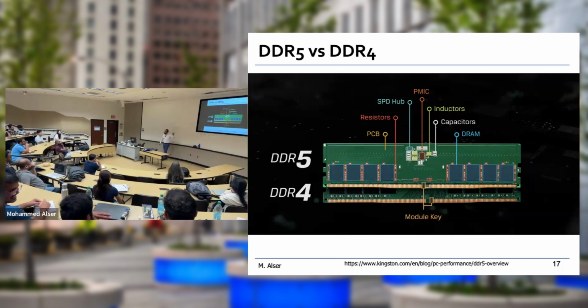So it doesn't make any difference for us, except the fact that now they have more bits over there, and they increase the number of bits for the ECC. Okay, so it's 64 bits in total. We have 32 for one sub-channel and 32 for the other sub-channel. They also add a number of bits for what we call ECC. We will see it in a couple of slides, and we discuss what is ECC.